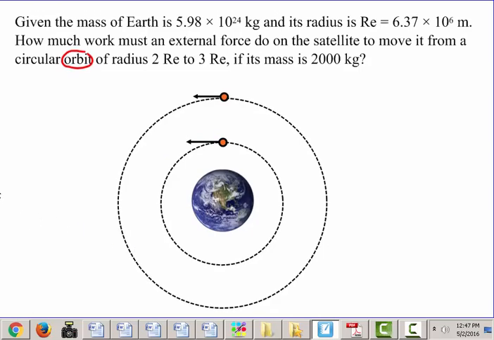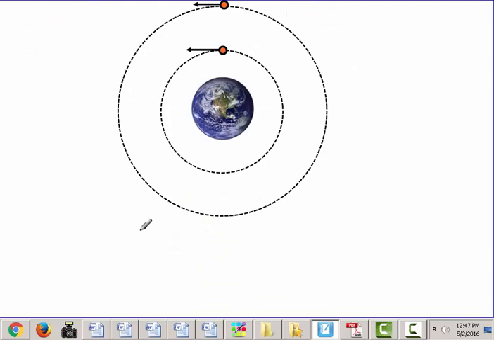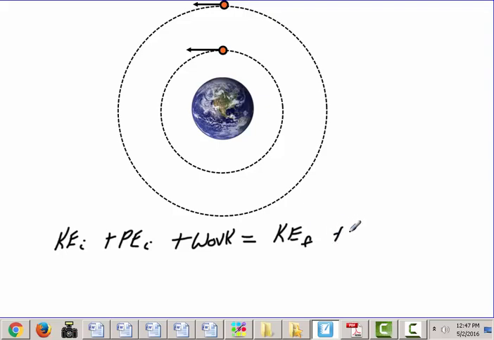I'm just going to go back to the general equation. We know that the kinetic energy initial plus the potential energy initial plus work must equal the kinetic energy final plus the potential energy final.